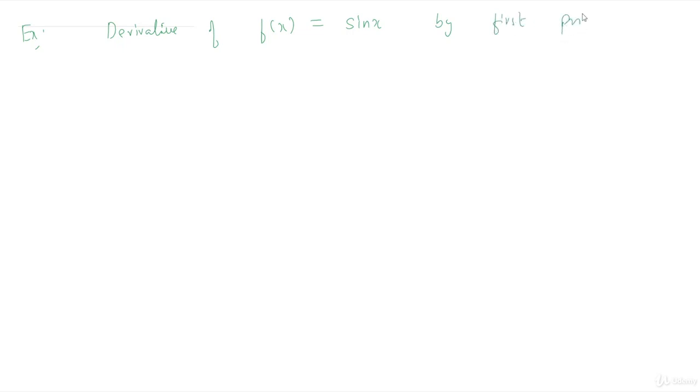Okay, so now let's evaluate this. So what was our first principle? It was f prime x is equal to limit h tends to 0 f of x plus h minus f of x over h. Now remember, this limit should always exist in order for this derivative to exist. So this limit should exist, right?